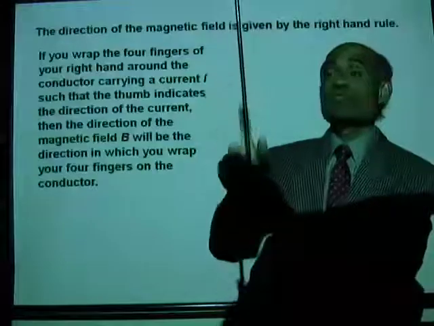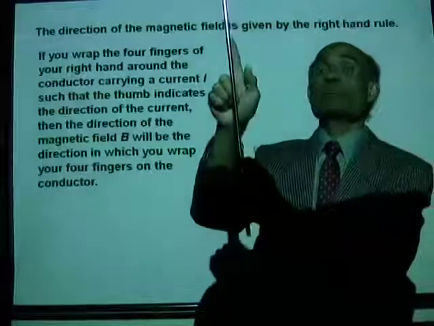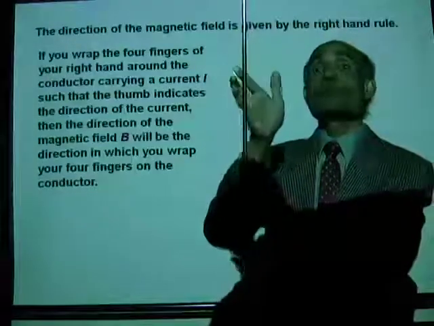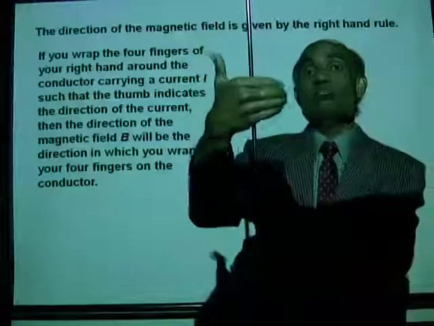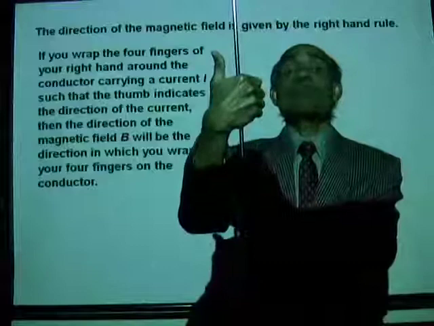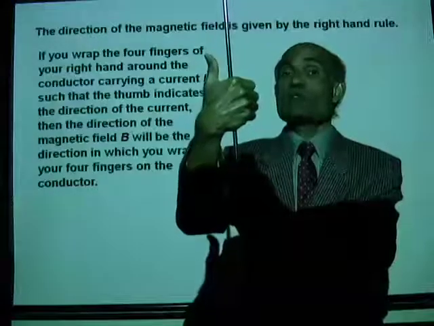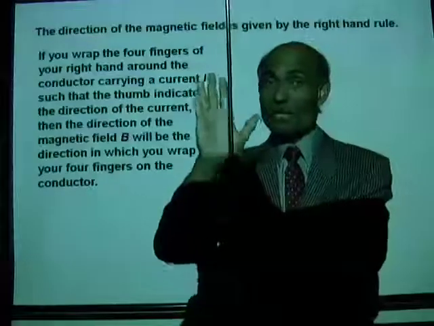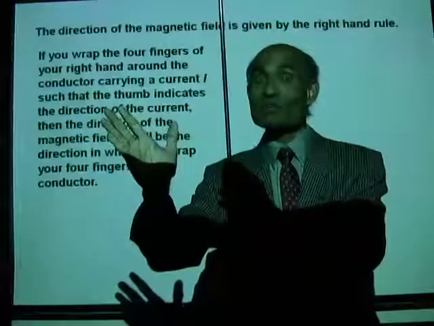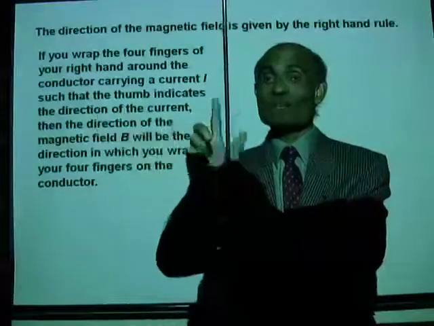That means if the current flows up, then the field will be towards you on the right and towards me on the left. Again, you got to make amends for the picture that you're seeing, because when I say on my right, it will look on your left.